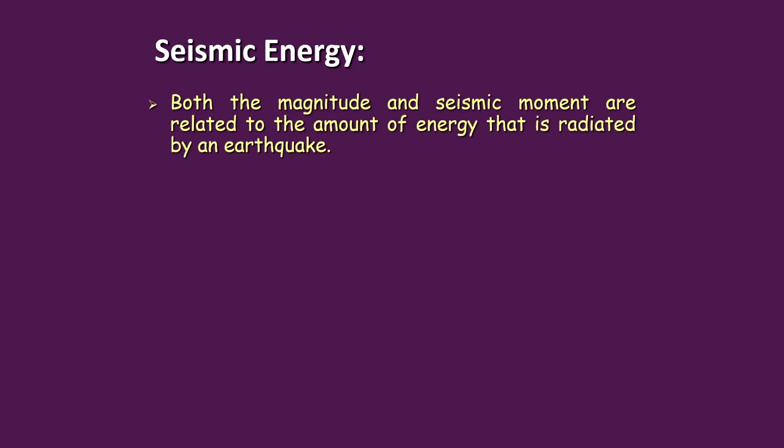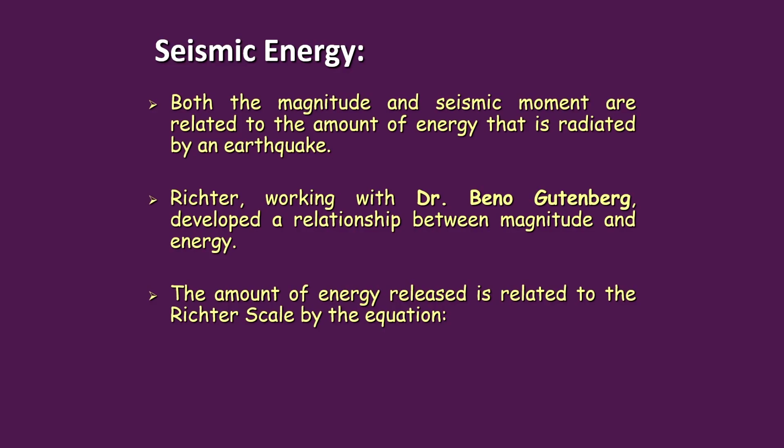Now, seismic energy. There are a few studies which help us understand the amount of energy which will be released, and also the number of earthquakes of a given magnitude required to equal a particular larger magnitude earthquake. The amount of energy released is related to the Richter scale, and it is given by the equation log E is equal to 11.8 plus 1.5 M, where M is your magnitude.